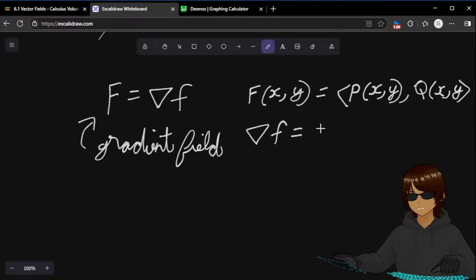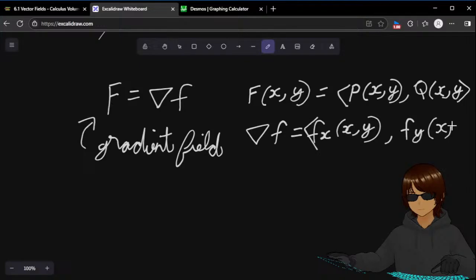Gradient of f is... If f with this vector field is a gradient of f, then they should be equal.